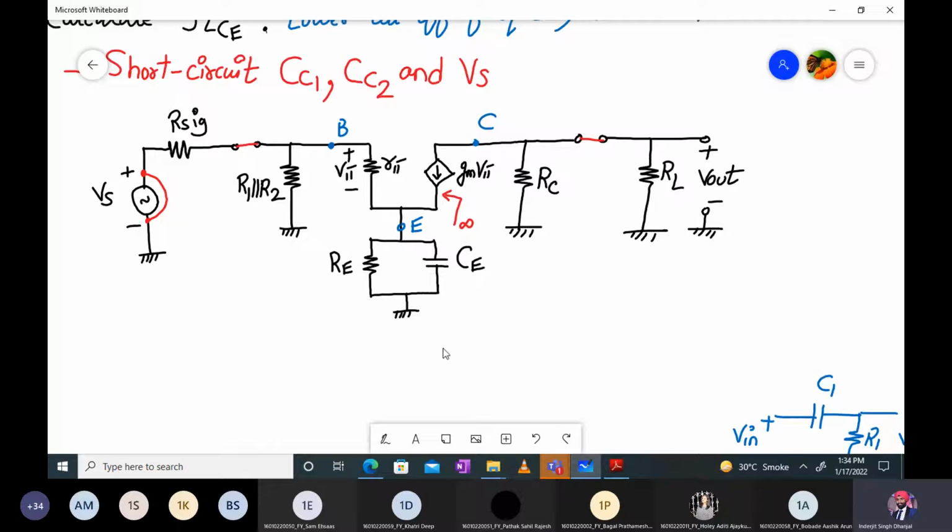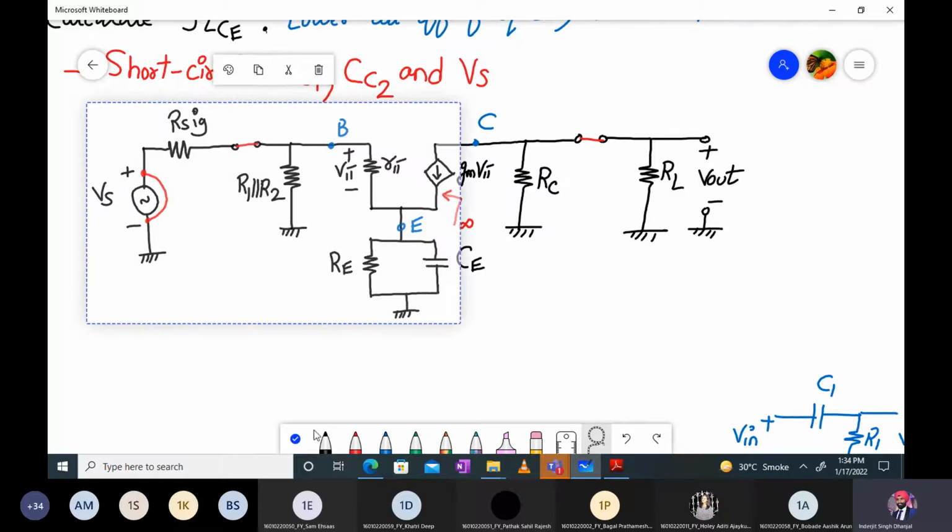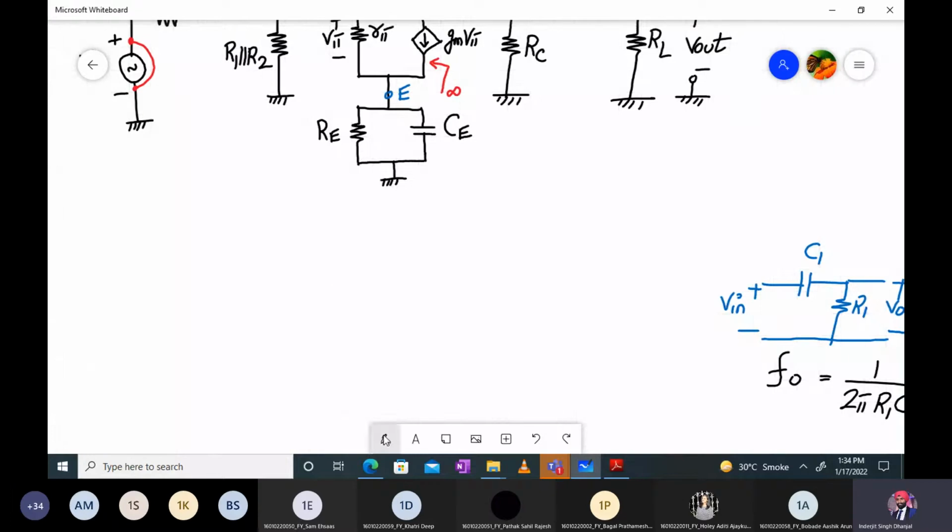So what will remain is something like this. You can draw it again. I will be referring to this technique. This side will be gone. So let me just add it over here again. Your circuit will be looking something like this. Let me show it to you.